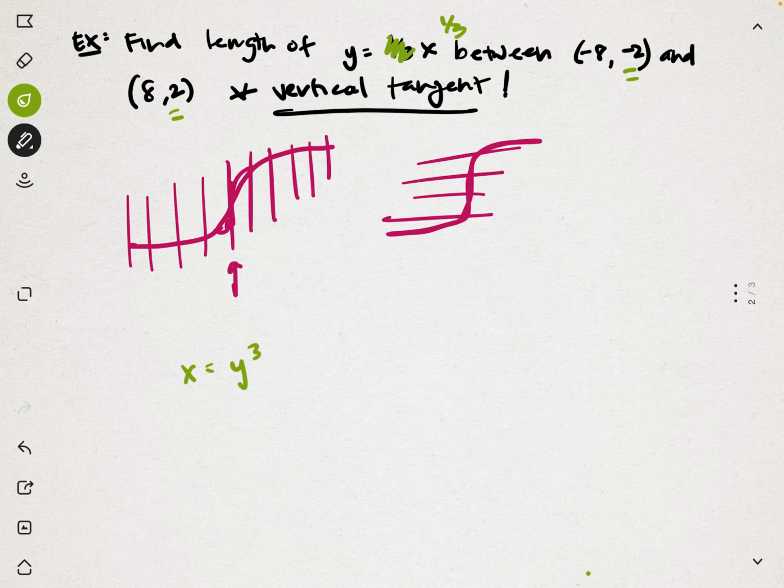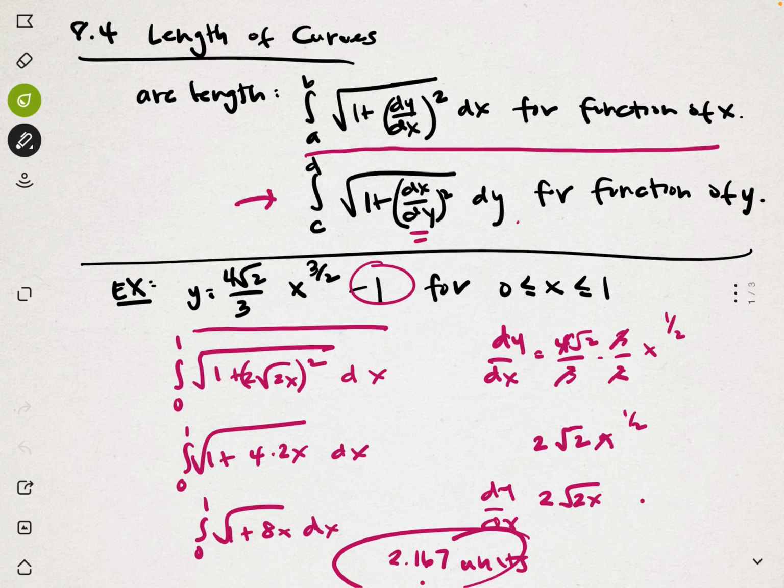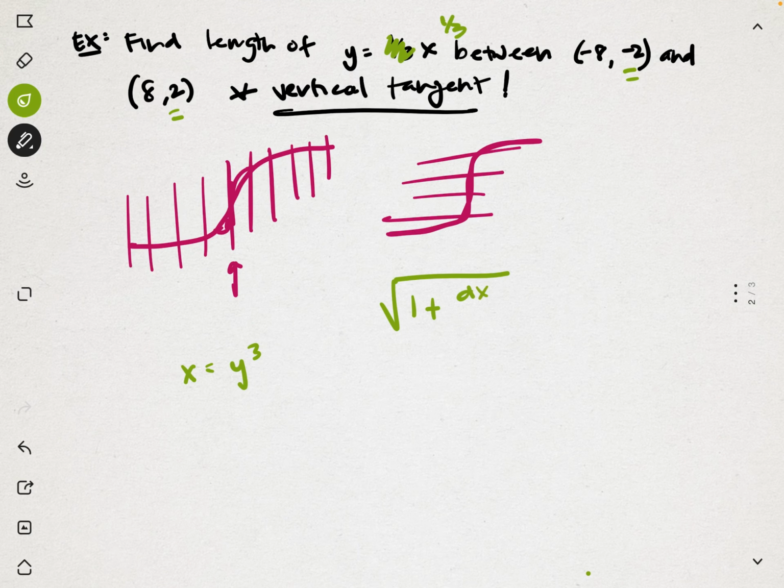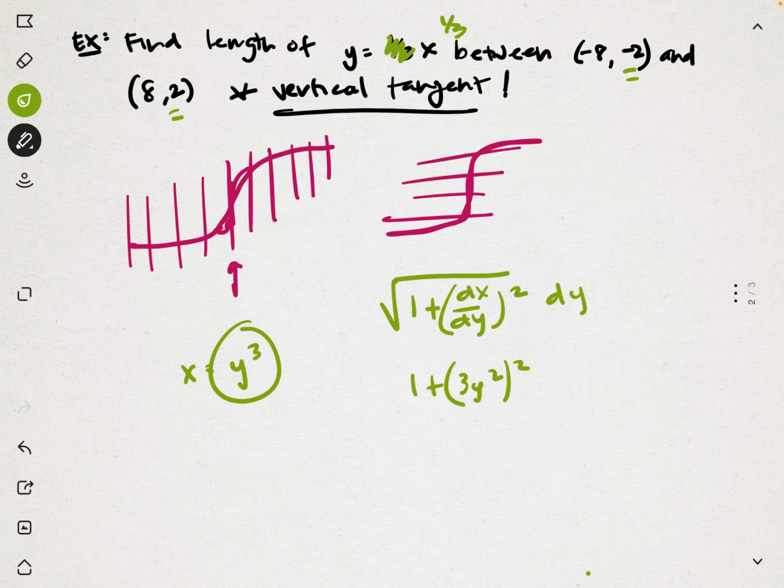So we need to say the square root of 1 plus dx dy squared, dy. The derivative of x with respect to y would be 3y squared. So 1 plus 3y squared, squared. And we're doing the integral from -2 to 2.